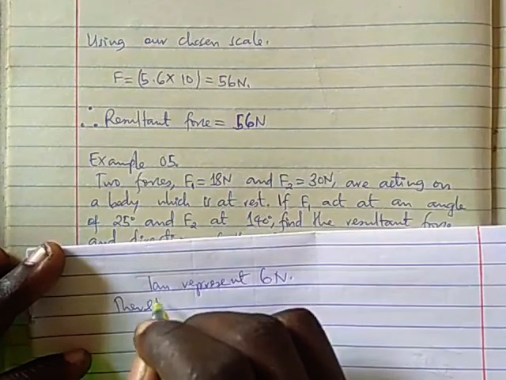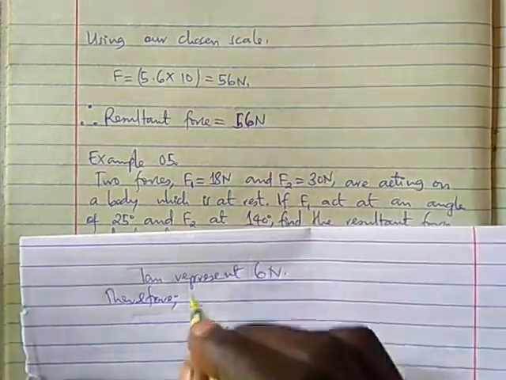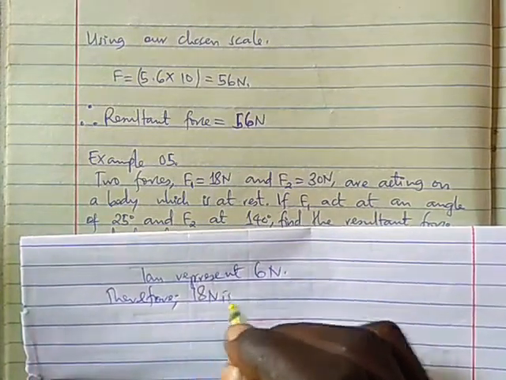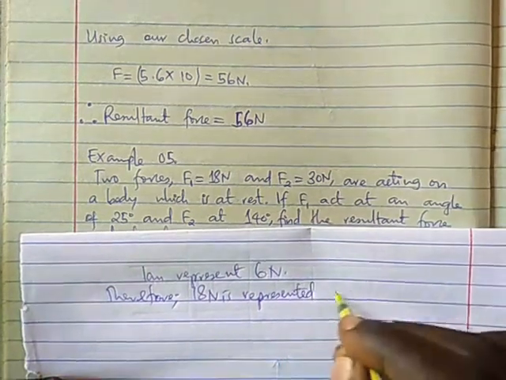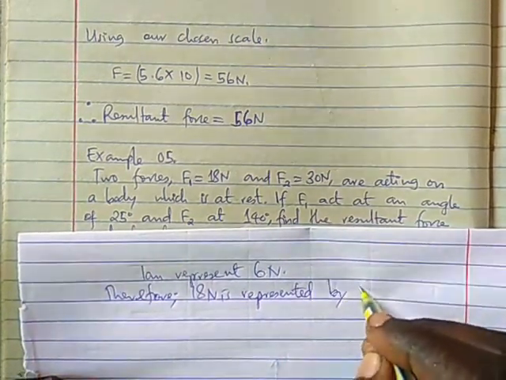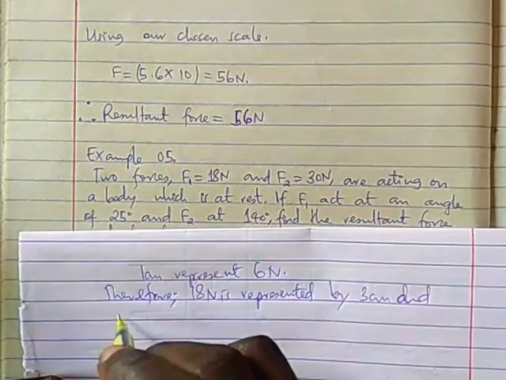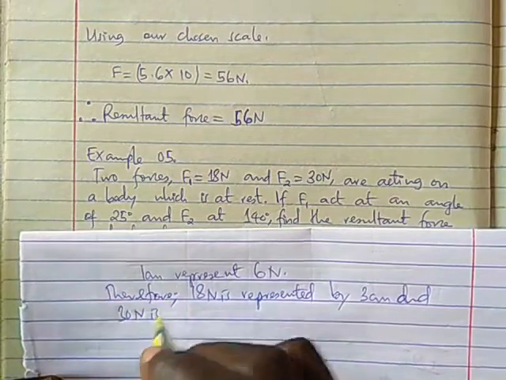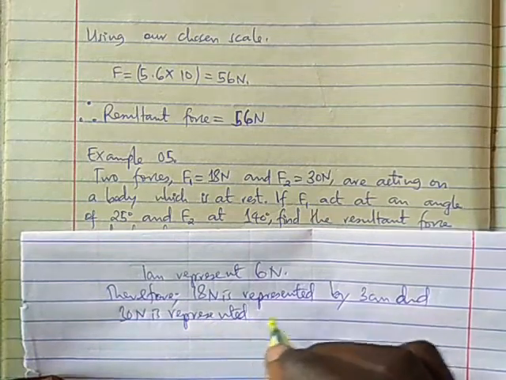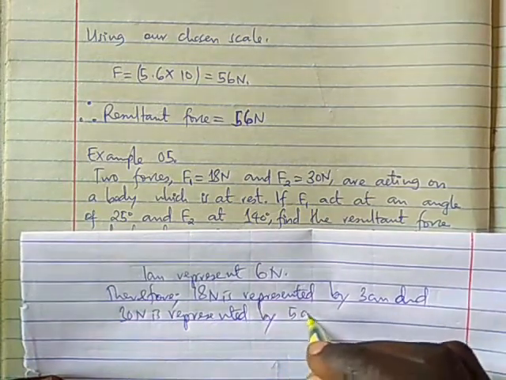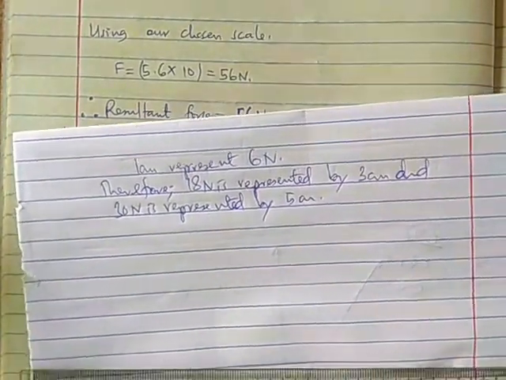Therefore vector ngapi? 18 Newton is represented by 3 cm and 30 Newton is represented by 5 cm. So from there tutachora horizontal line.